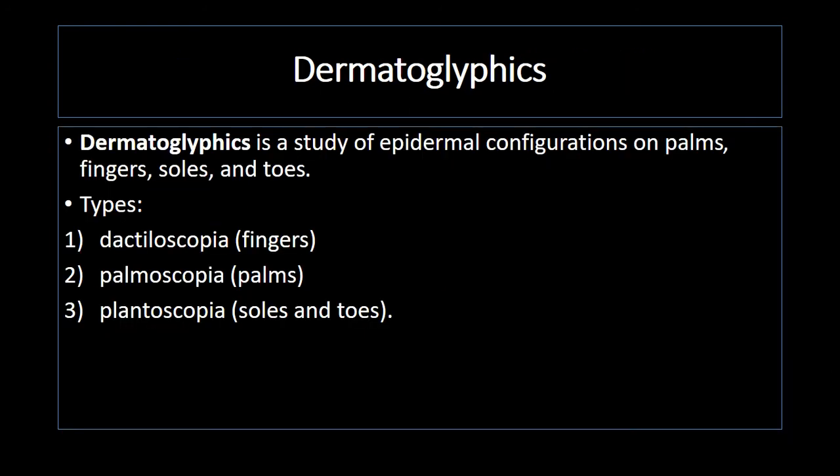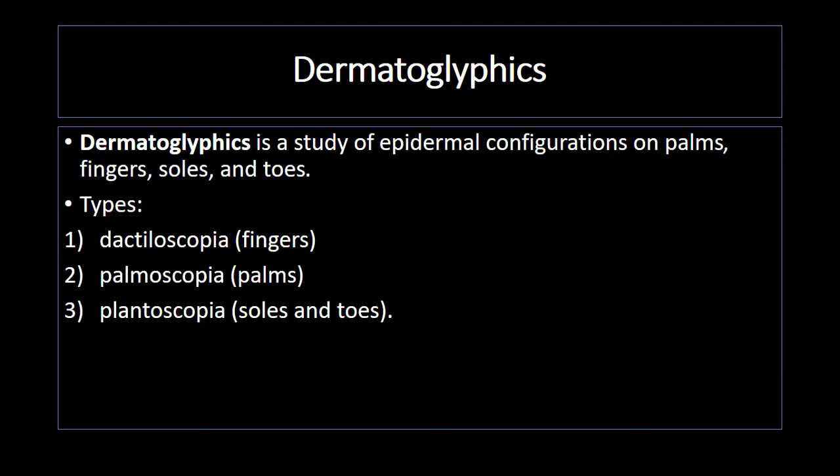The next method of diagnostics of hereditary pathology is dermatoglyphics. Dermatoglyphics is a study of epidermal configuration on palms, fingers, soles, and toes. There are different types of dermatoglyphics which include different groups.